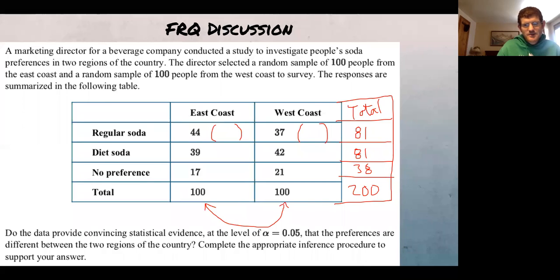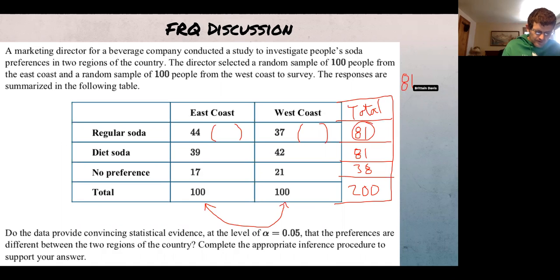And when that happens, we have this really nice thing where we're going to take this value and just split it in half. So what we're essentially doing is 81 times 100 divided by 200. That's your row total times your column total divided by the table total. But notice that this just reduces down to 81 times 1/2.